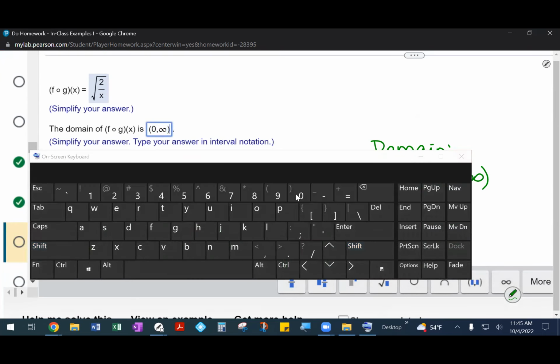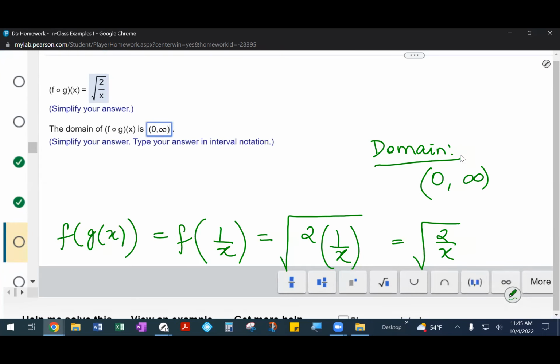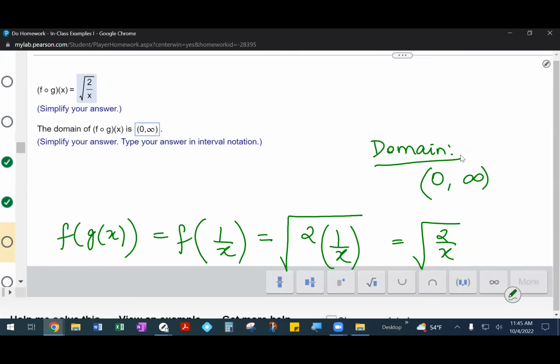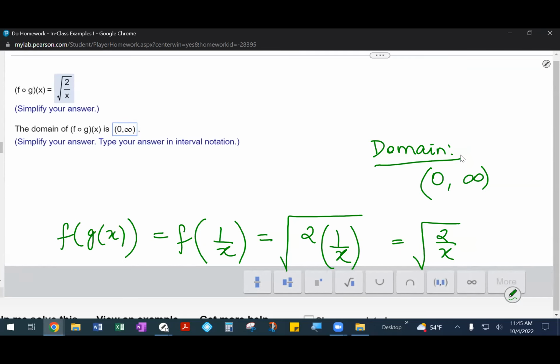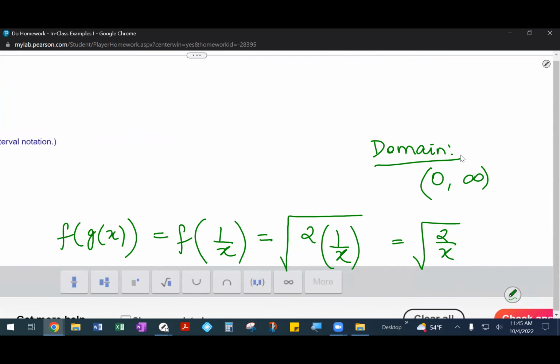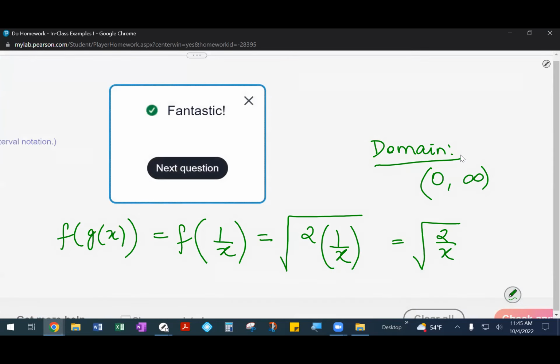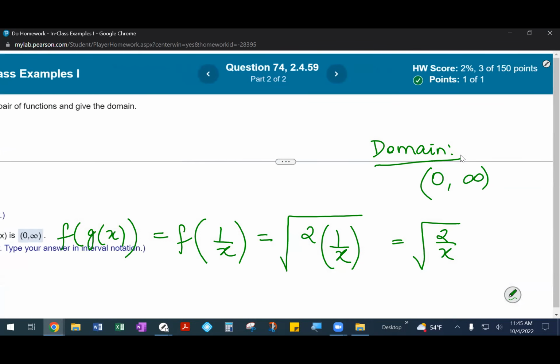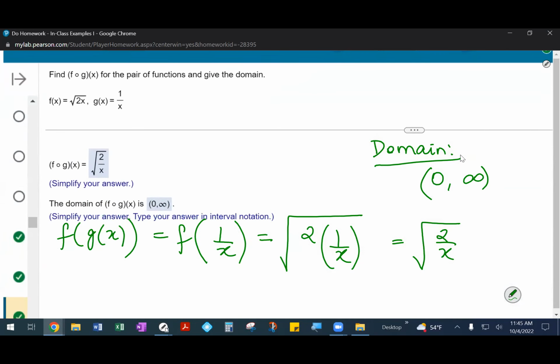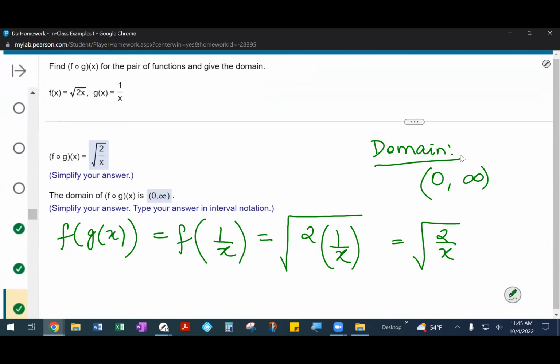And then, any questions on this, guys? As I was talking about earlier, you're basically creating a new function over here when you do composition.